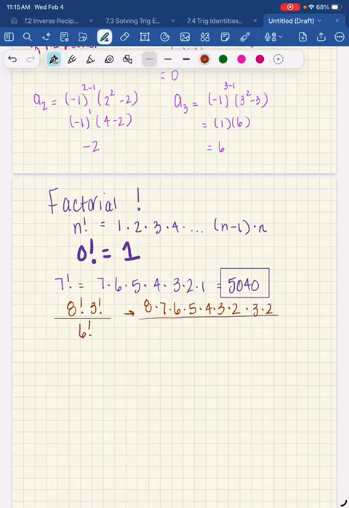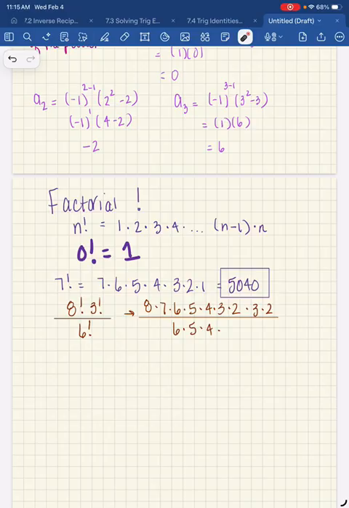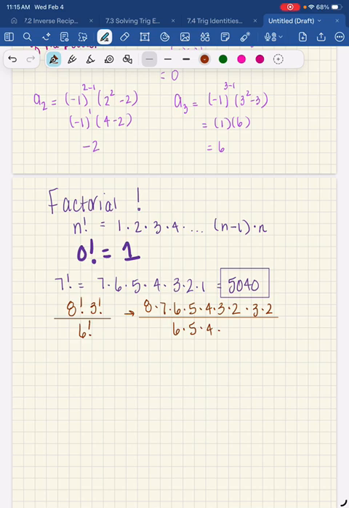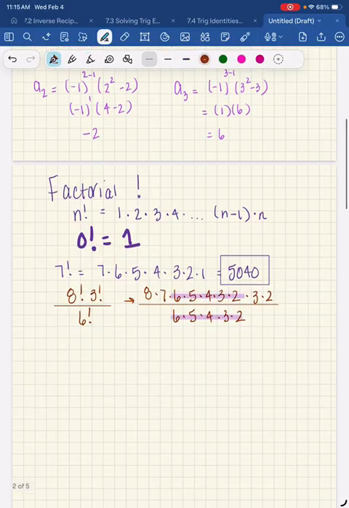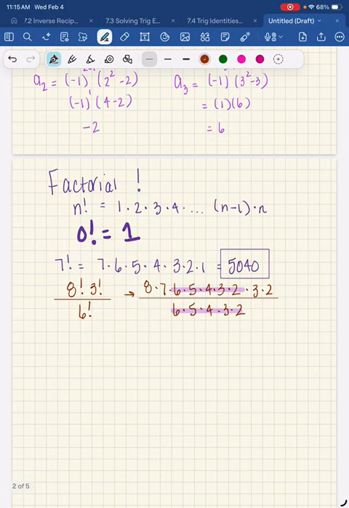All over 6 factorial, which is 6 times 5 times 4. I'm going to stop there because 6 times 4 times 3 times 2 is going to reduce out with this 6 times 4 times 3 times 2. So I'm going to reduce, and that's going to become 56 times 6, which is 336.